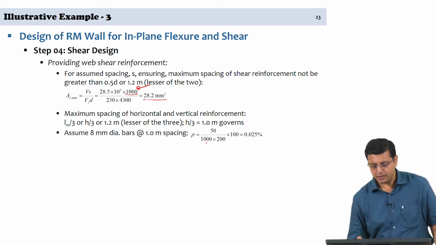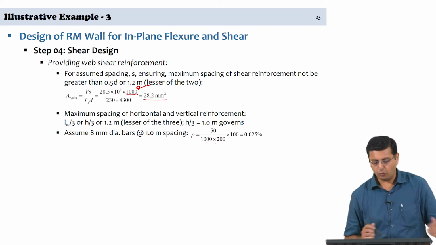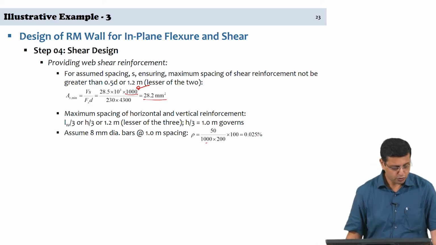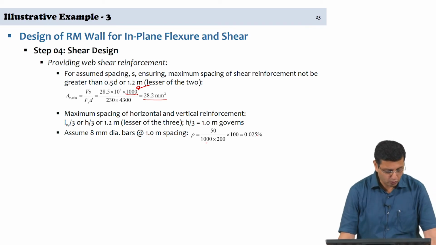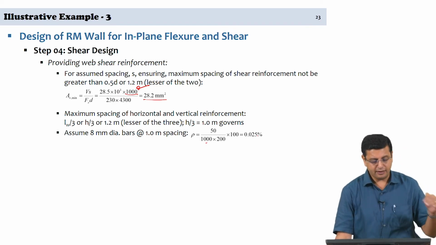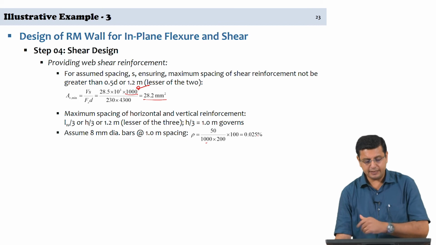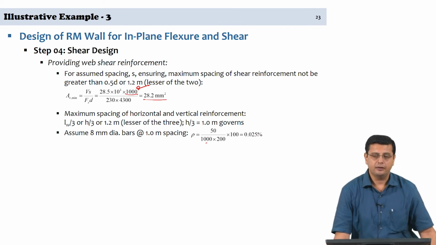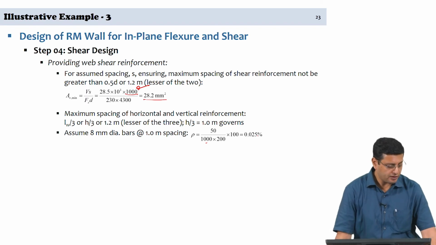So, that is 1000 by the width of the wall, which is 200 into 100, and gives us about 0.025%. Is that okay? Now, assuming that we are providing web shear reinforcement, is the amount of web shear reinforcement provided adequate for a reinforced masonry wall type C?